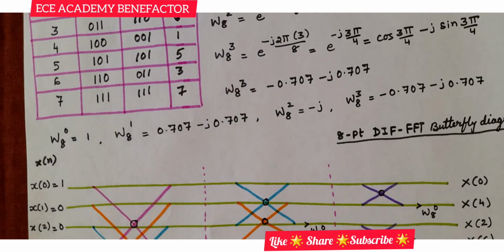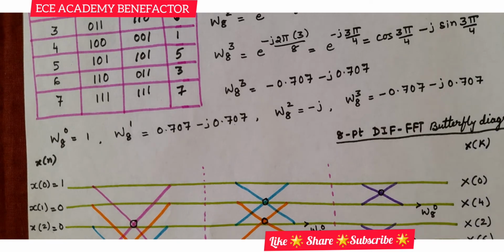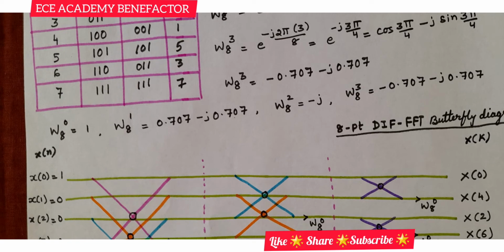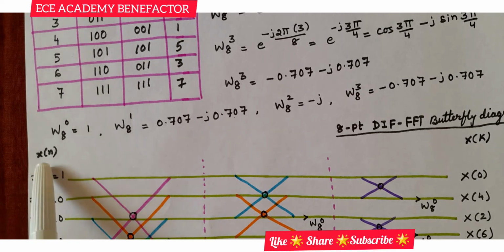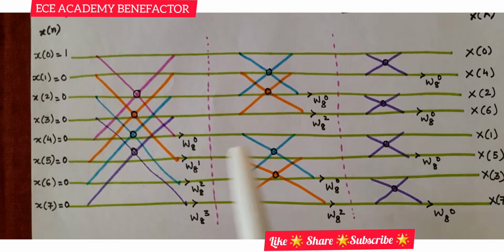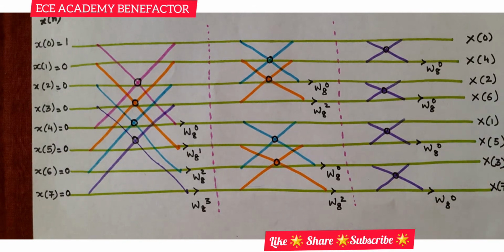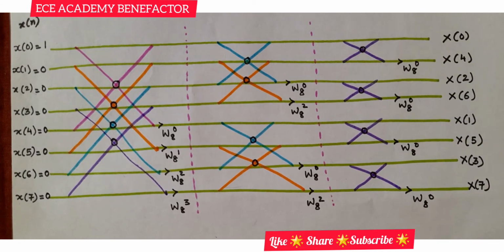Using this butterfly diagram, what you are computing? You are computing capital X of k. Okay. So at the input side, you must use small x of n, and at the output side, use capital X of k. In DIF, input is in the natural order and output is in the bit reversal form.